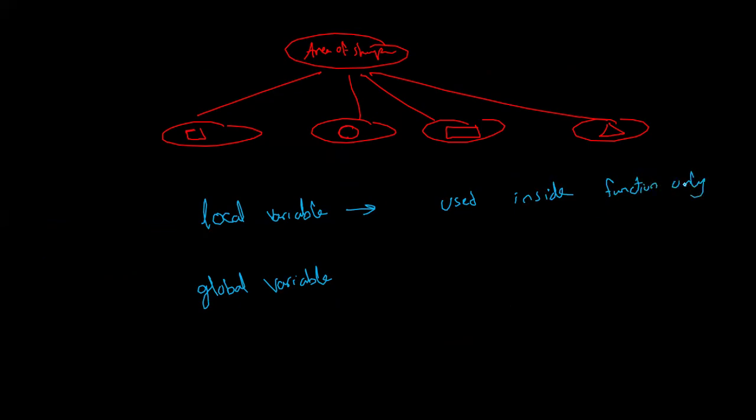No one outside the function knows anything about it. But a global variable can be accessed anywhere in the program. This is the difference between a local variable and a global variable.